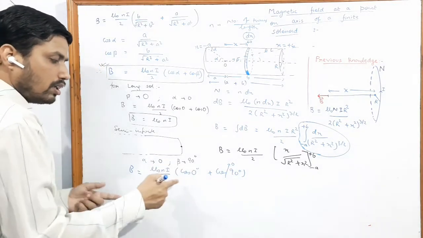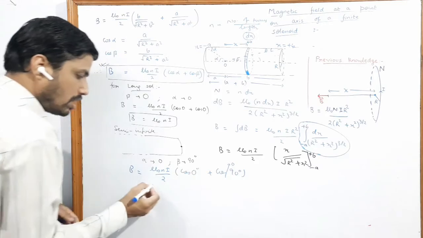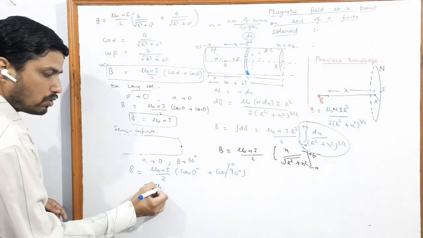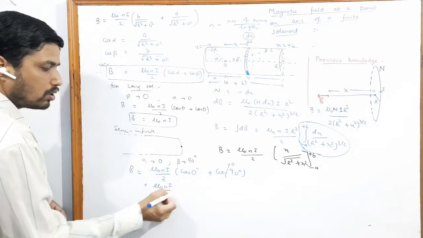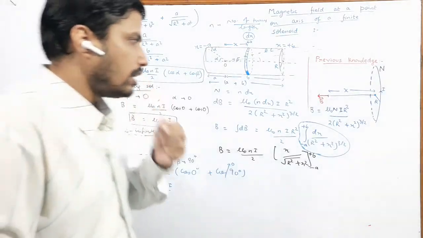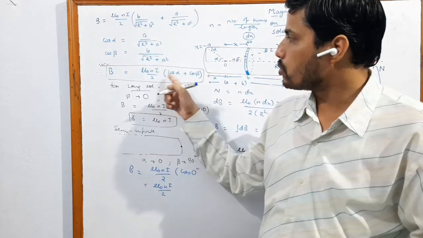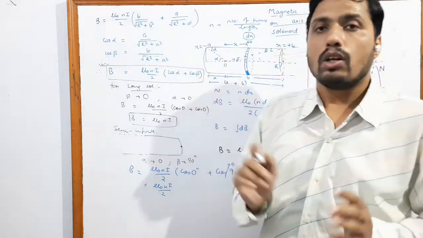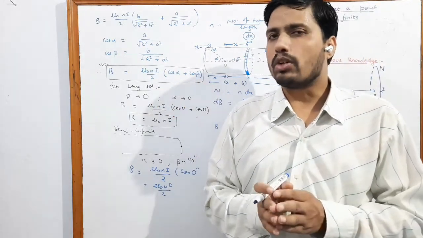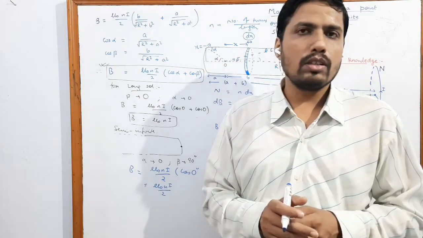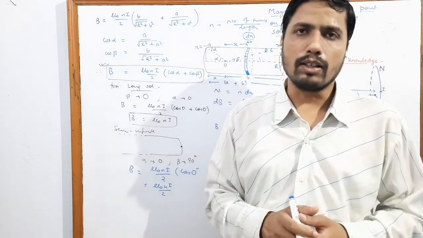What is cos 0? 1. So 1 into this much will be this much. So our answer will be mu naught n I upon 2. Okay. So in this way we can extend this particular relation, mu naught n I upon 2 times cos alpha plus cos beta, to obtain magnetic field at any point on the axis of a finite or infinite solenoid.